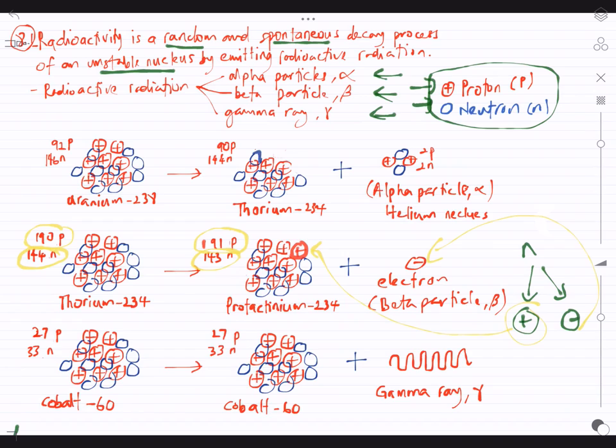And the last one, we are going to look at cobalt. For cobalt, the proton number is 27 and the number of neutrons is 33. In this process, you can see that there is no change in the number of protons and also the number of neutrons. This is because the ray here is massless.